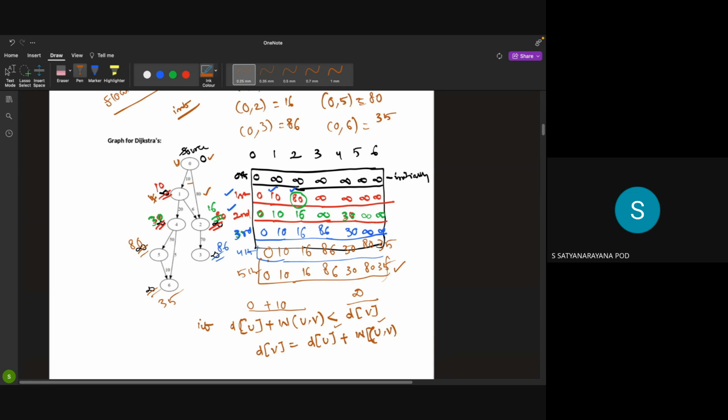For example, if you consider this one, 6 is there. This is u. This is v. Sorry, this is already calculated, maybe something like 35, we don't worry about it. But we are considering this. The distance of u already calculated is 30.